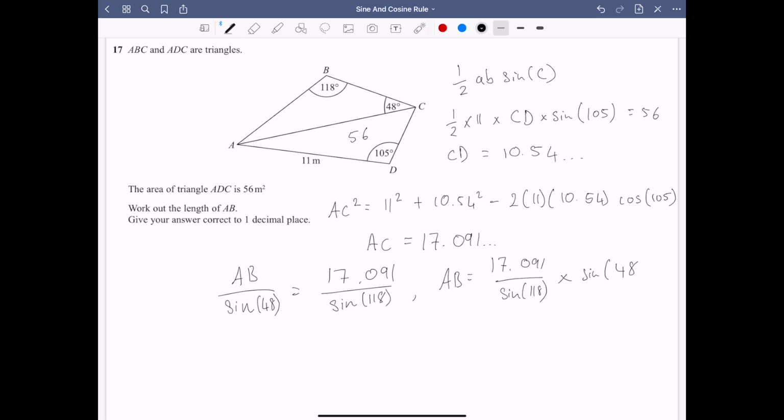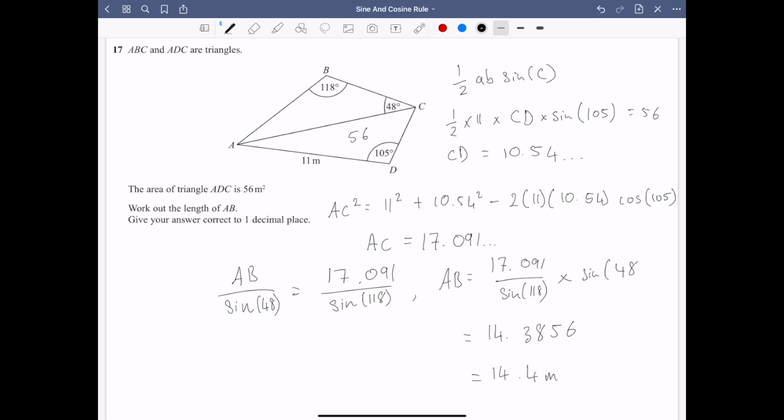So you do that in your calculator, and what you should get is about 14.3856. To 1 decimal place that is equal to 14.4 meters. So hopefully that made sense to you all.